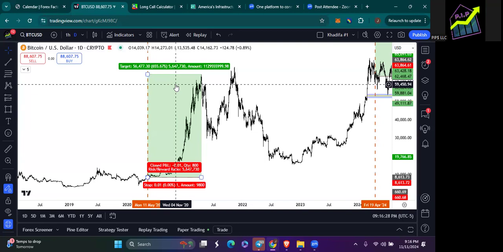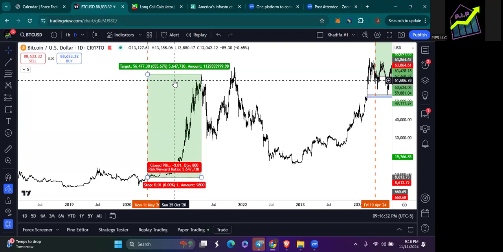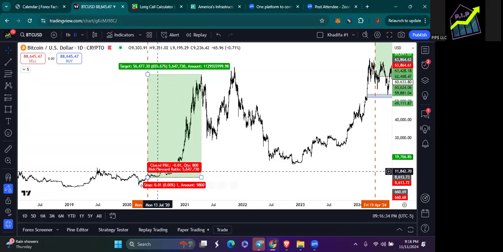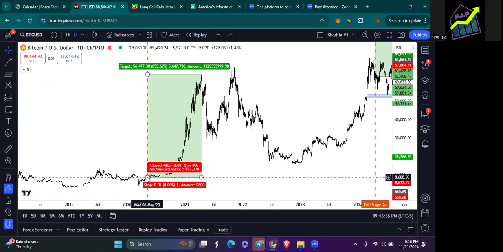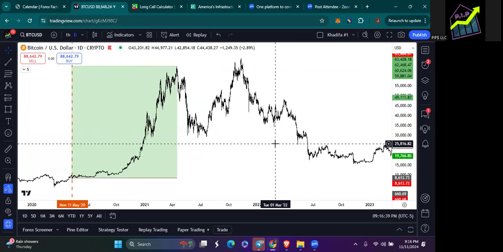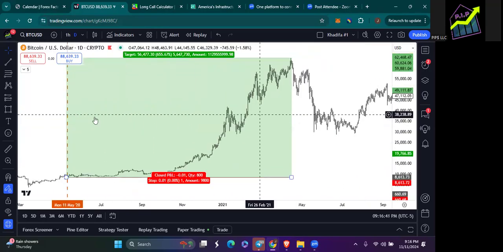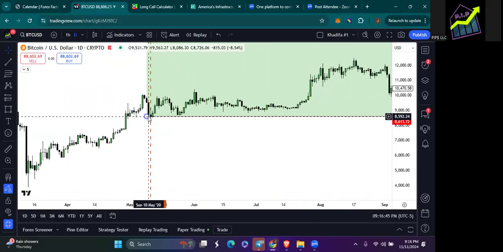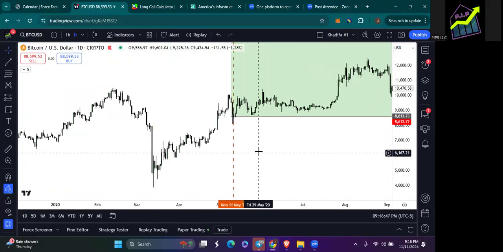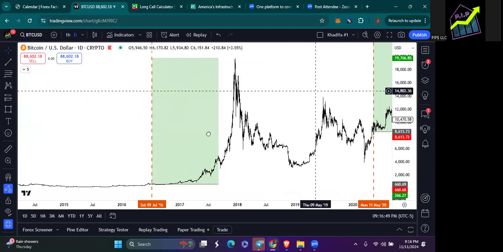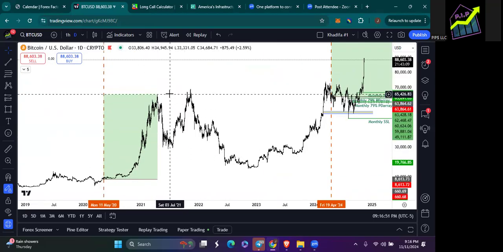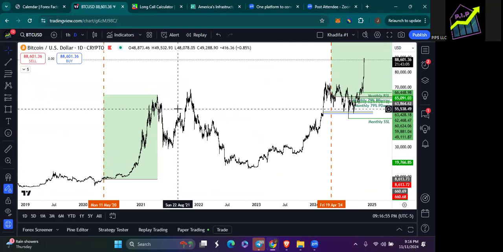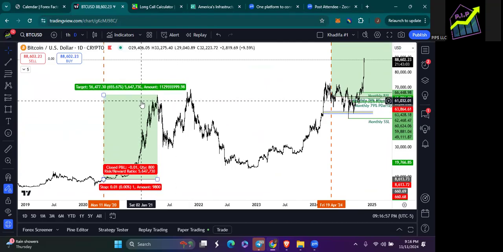So for the last halving, Bitcoin increased 655% from around $8,500 up to almost 70K.